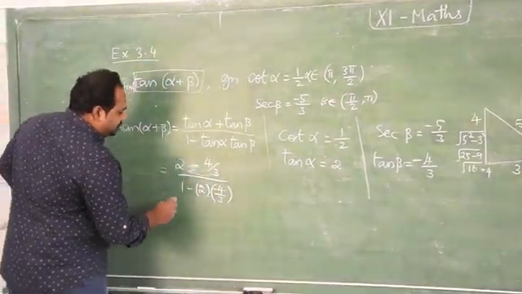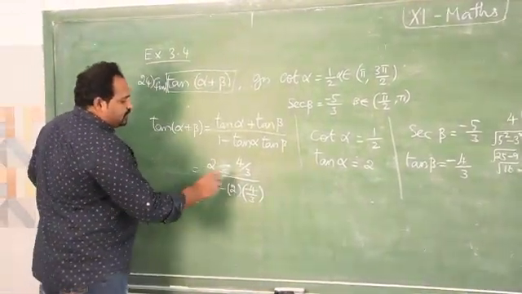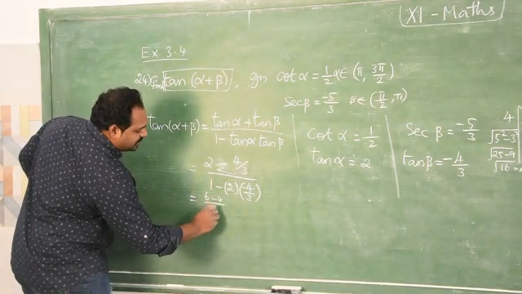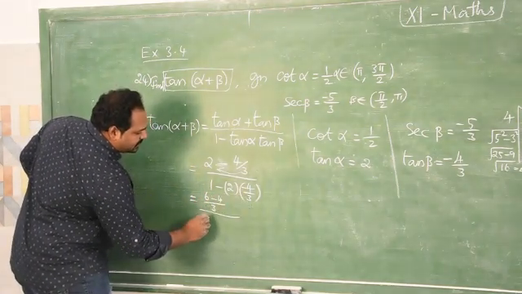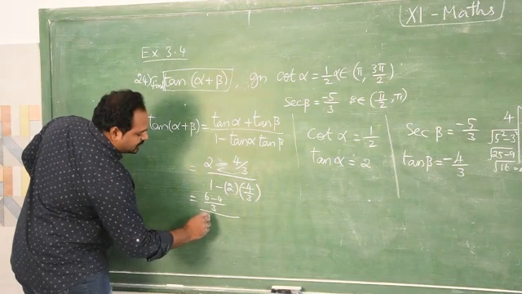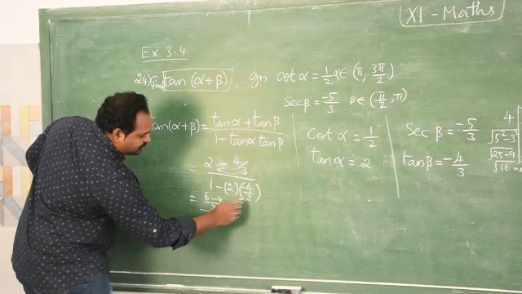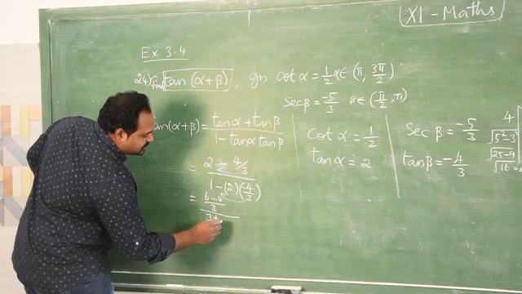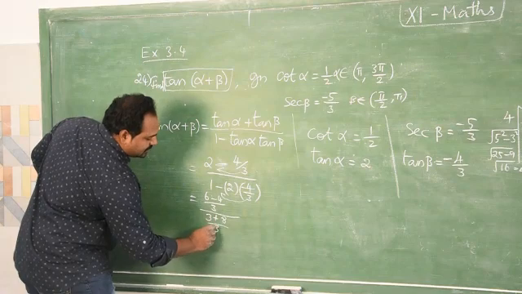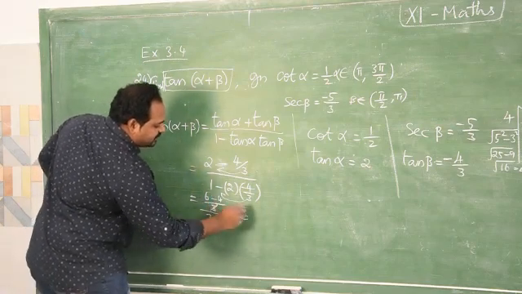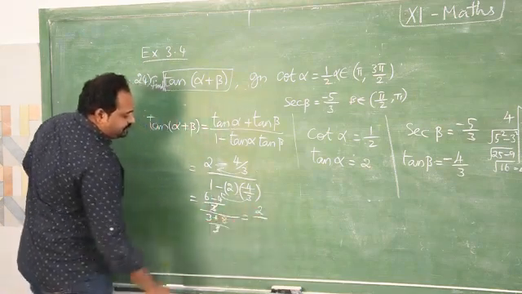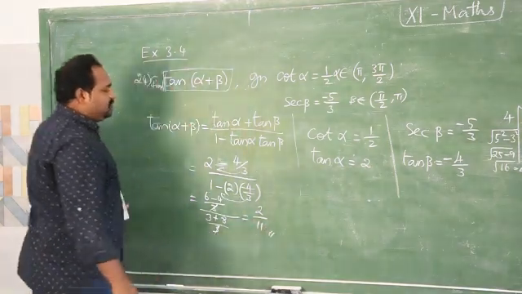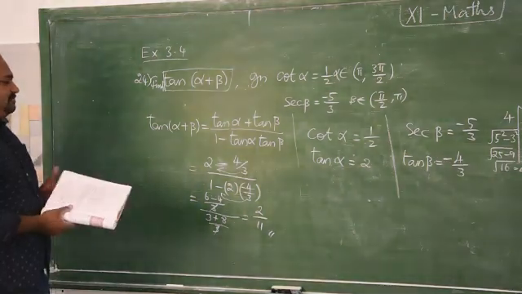Just cross multiply: 6 minus 4 by 3, whole divided by, here cross multiply once again for the LCM, 3 minus into minus plus 8 by 3. The 3 will be cancelled. 6 minus 4 is 2, divided by 3 plus 8 is 11. So this is the value of tan(alpha plus beta).